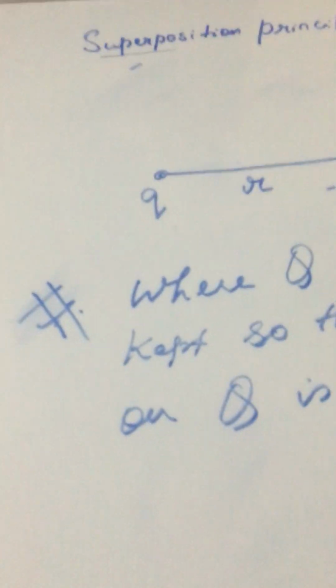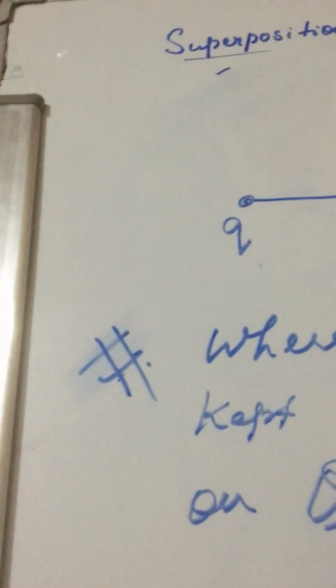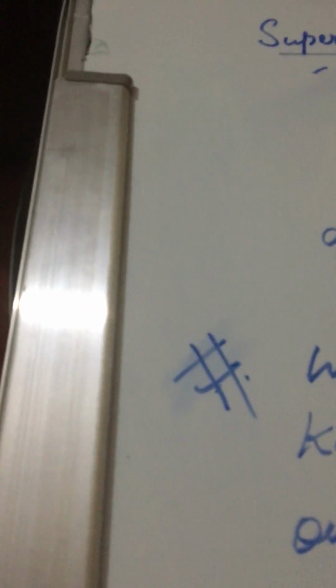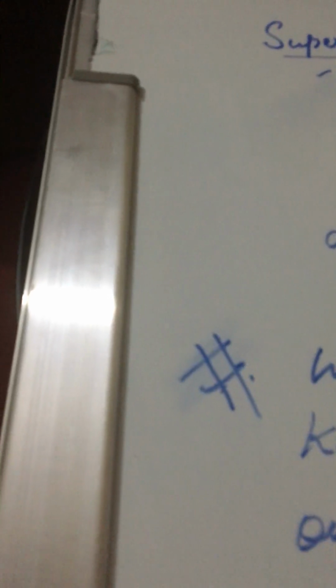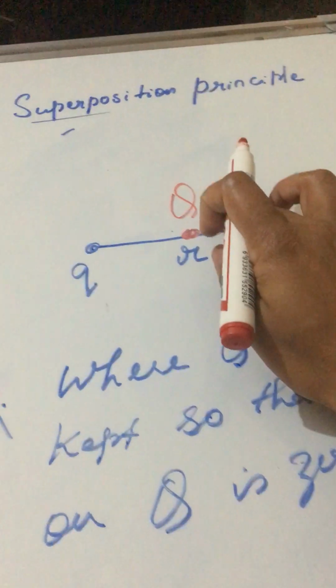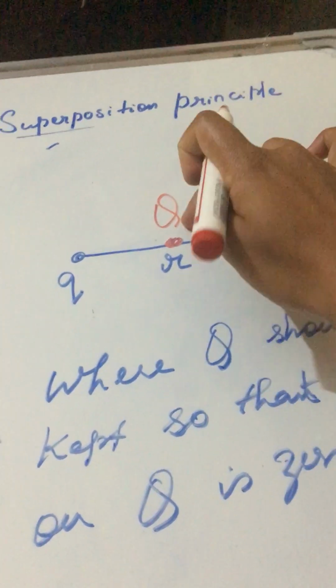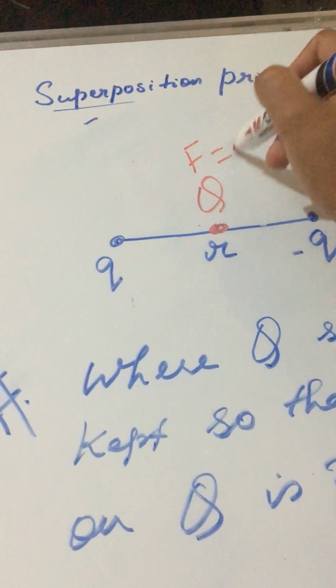See, this is a question. Suppose I have a third charge, I don't know where, suppose here. Where should I keep this Q so that the total force on it is 0?